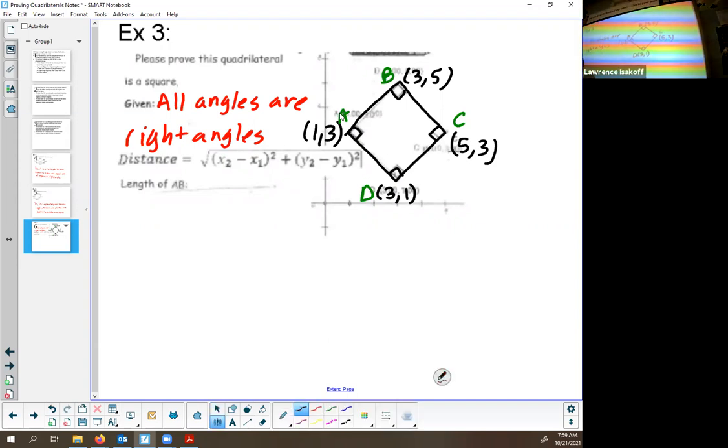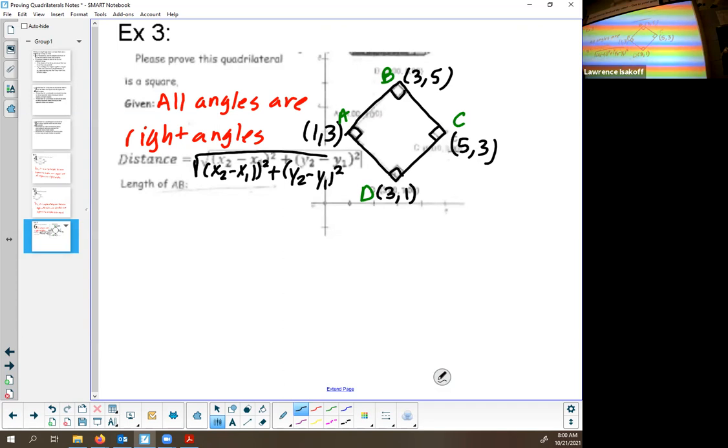Okay, so again, the distance formula is equal to the square root of (x2 minus x1) squared plus (y2 minus y1) squared. So I'm just going to utilize that 4 times.